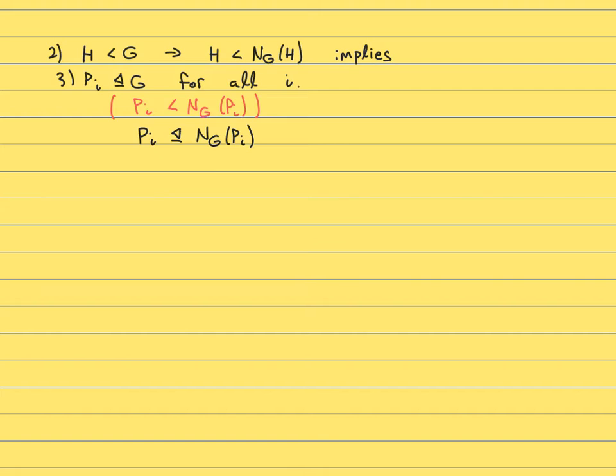And since this is a proper subgroup, we also can tell that P_i is going to be the only subgroup of N_G(P_i) of order whatever it happens to be. And so back when we studied characteristic subgroups, we pointed out that if your group had only one subgroup of order d, then that implied that that subgroup was characteristic.